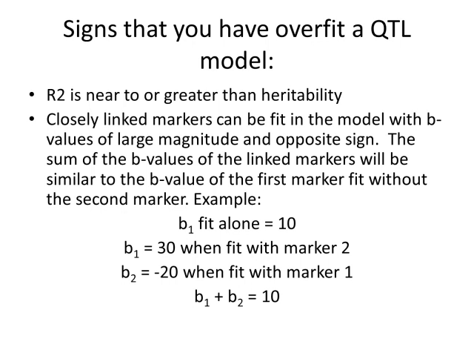And here's an example. Let's say you have two markers, 1 and 2, that are very close to each other. If you fit marker 1 alone, you get an effect estimate of 10. If you fit it simultaneously with marker 2, you get an effect estimate that explodes up to near 30. And the effect of the second position, B sub 2, is minus 20 when they're fit simultaneously.